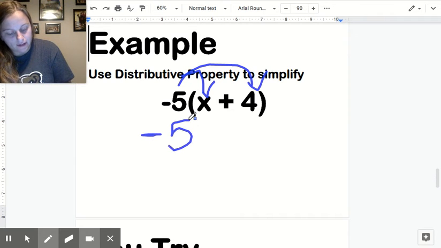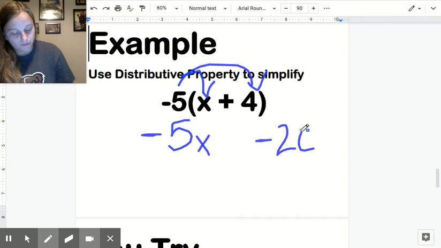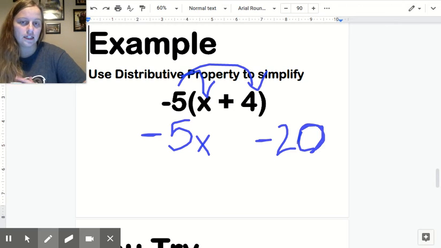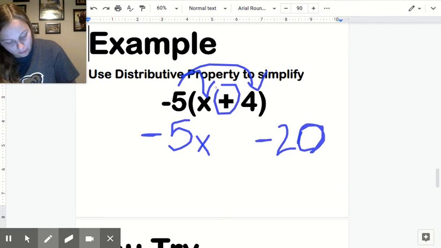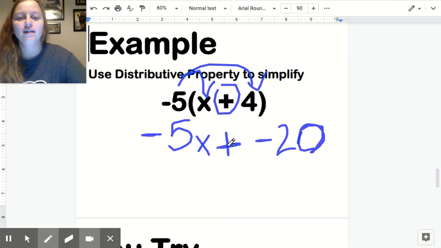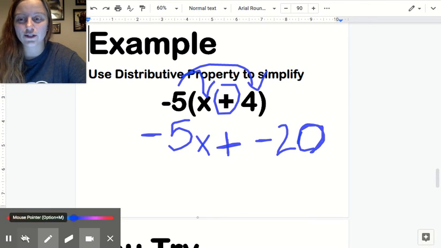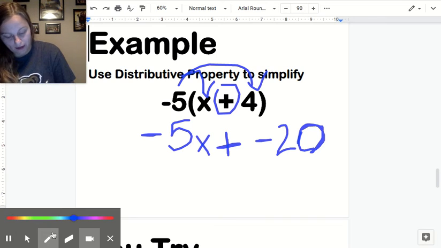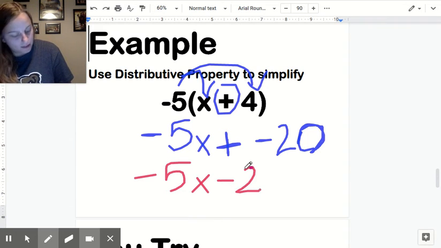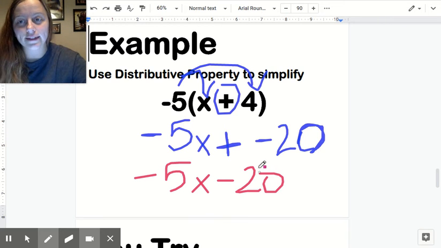So we really have negative 5x and a negative 20, because negative 5 times 4 is negative 20. And we can just carry down this plus symbol. Negative 5x plus negative 20. Or if you would have written it as negative 5x minus 20, you would still be right.